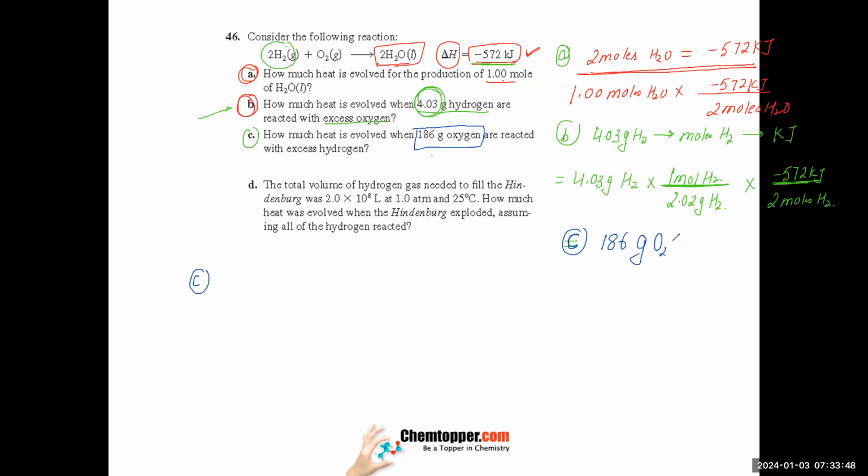So from grams of oxygen, where are we going to go? To moles of oxygen, and then from moles of oxygen to kilojoules. So let's set up the ratio. 186 grams of O2. What's the first ratio?